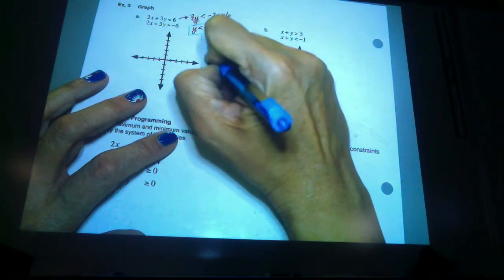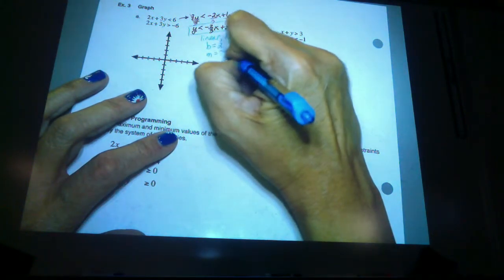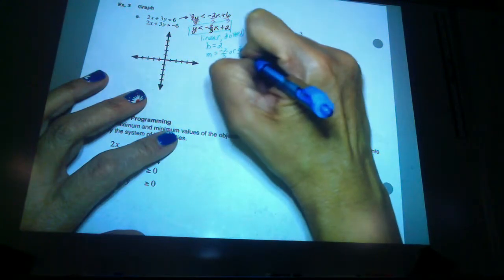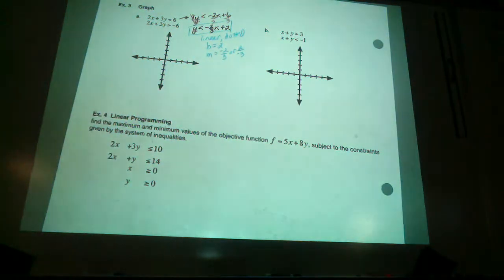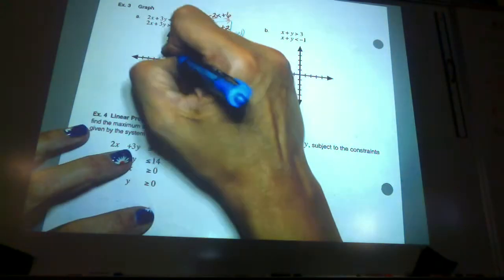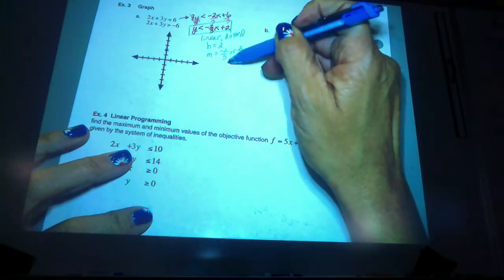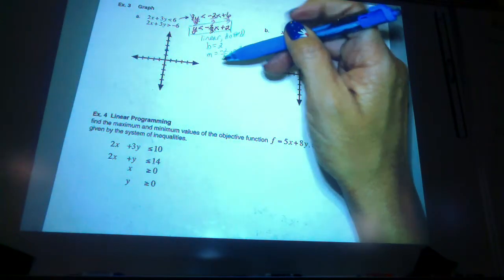2, and m is negative 2/3. You can put the negative in the numerator, or you can put the negative in the denominator. You have to be able to stair step in both directions. So we're going to start on the y-axis at 2, and we're going to go down 2 to the right 3. You always go up or down first, and then right or left.